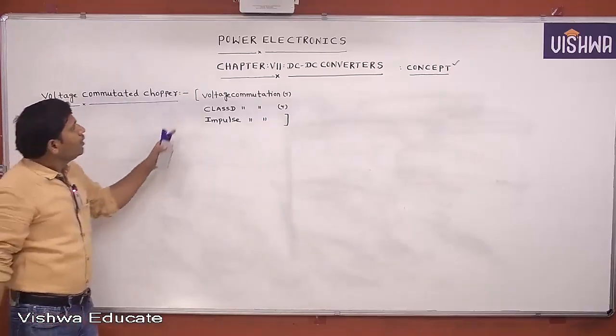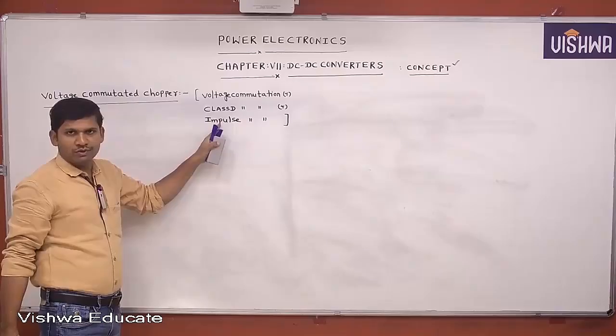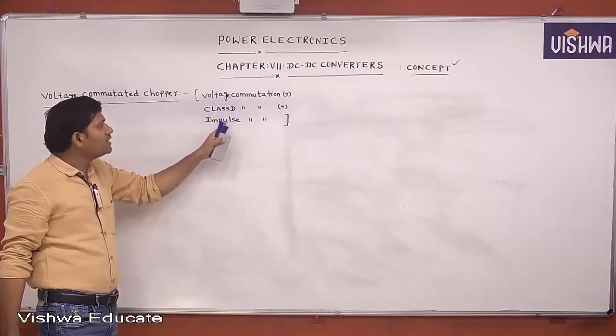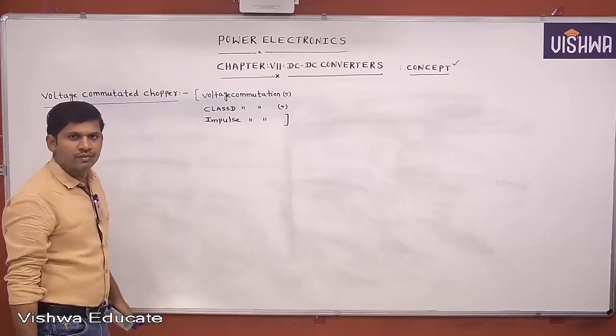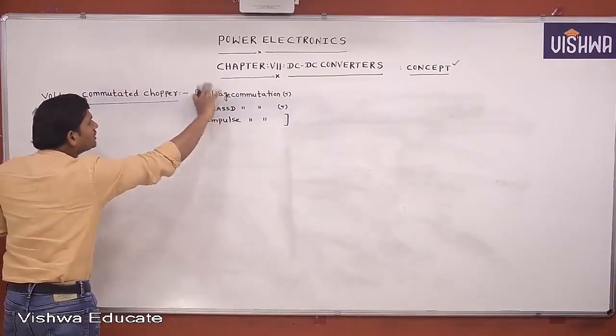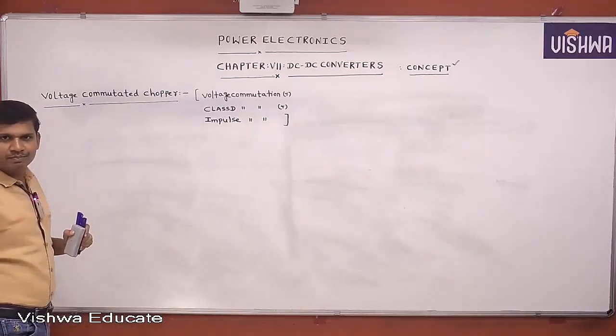Voltage commutation is also called class D commutation, which is also called impulse commutation. That's why for the voltage commutated chopper and these commutation methods, the analysis and the operation are the same.